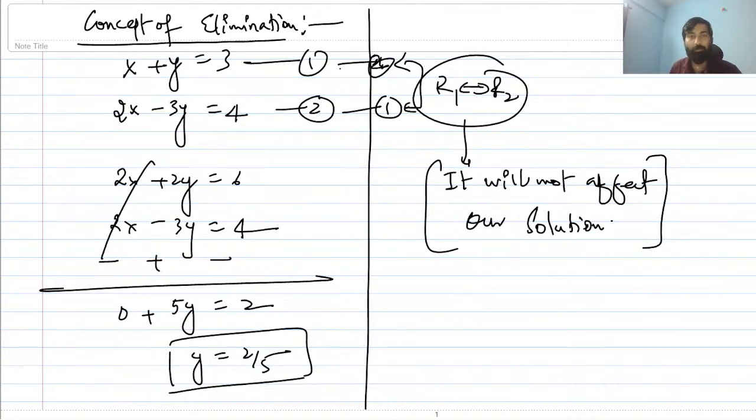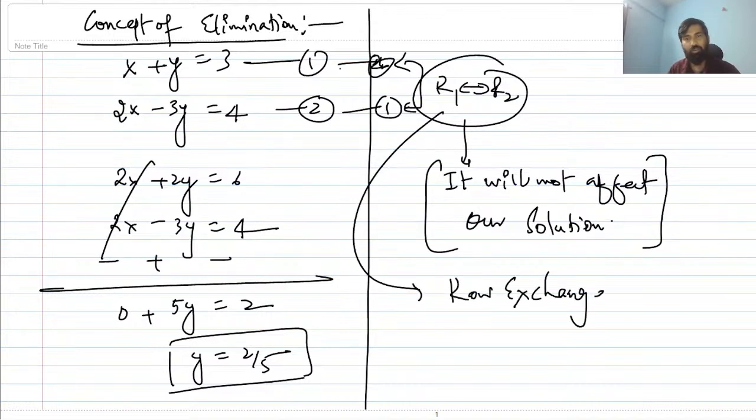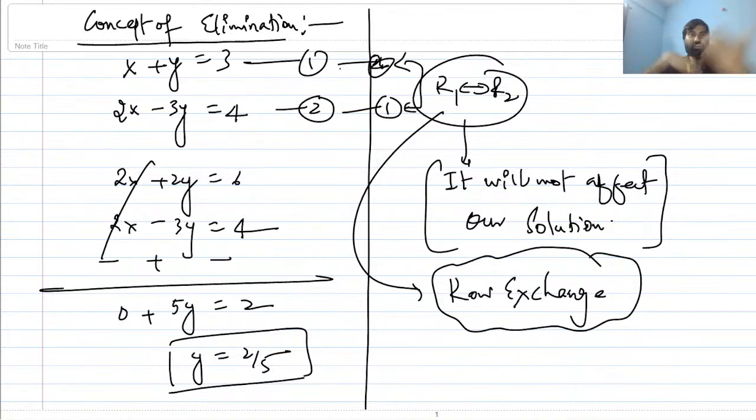So swapping, this is the process, you can say row exchange. If you are exchanging equations, it means you are swapping rows.